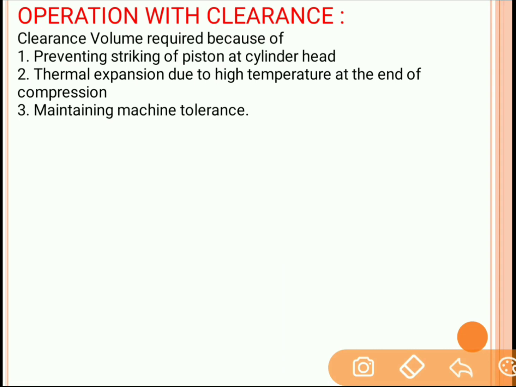Next reason for providing clearance is thermal expansion due to high temperature at the end of the compression. There is very high thermal expansion of air at the end of the compression, and because of the thermal expansion of air, it can cause damage to the compressor. Next reason is to maintain the machine tolerance.